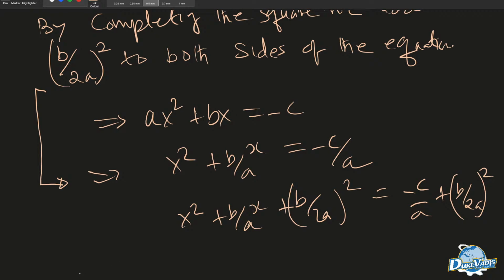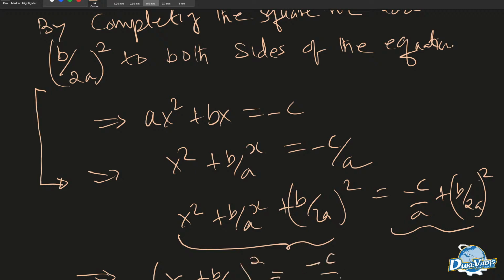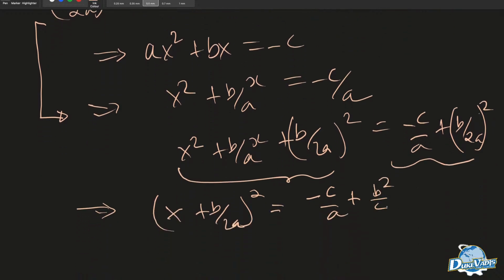Then we resulted in this by expanding and simplifying. So we say x plus b over 2a, all squared, is equal to negative c over a plus b squared over 4a squared.